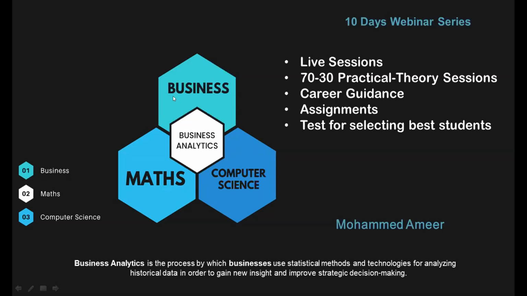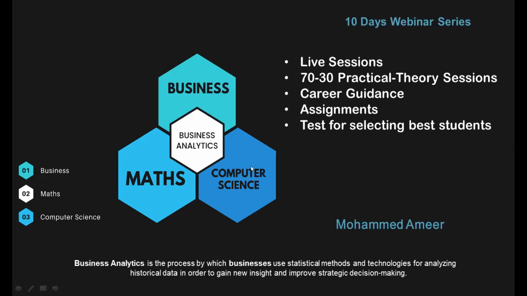So what exactly is business analytics? How do you define it? Basically, business analytics is a process wherein the end result is that the business should come out successful. Businesses will be using statistical methods, which deal with mathematics, and technologies, which relate to computer science.